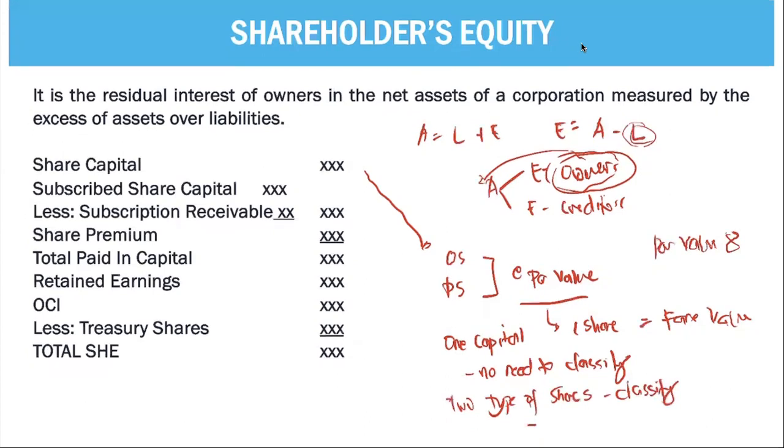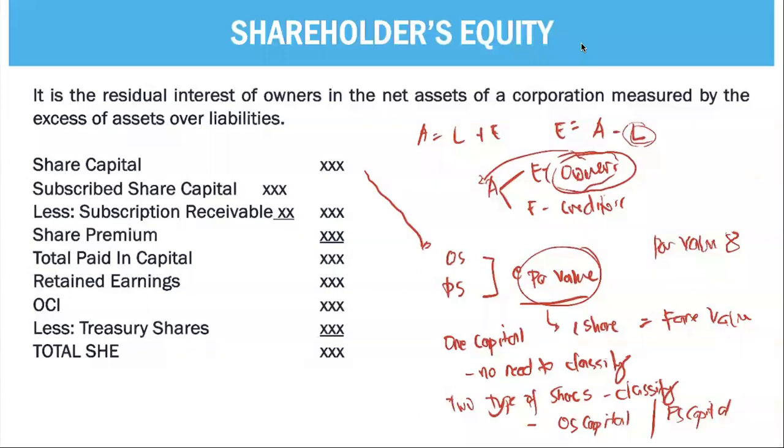You should place ordinary share capital for ordinary shares and preference share capital for preference shares. Your share capital is your ordinary shares and preference shares always at par value. When we talk about par value, that is the share face value, so the face value of each one share.